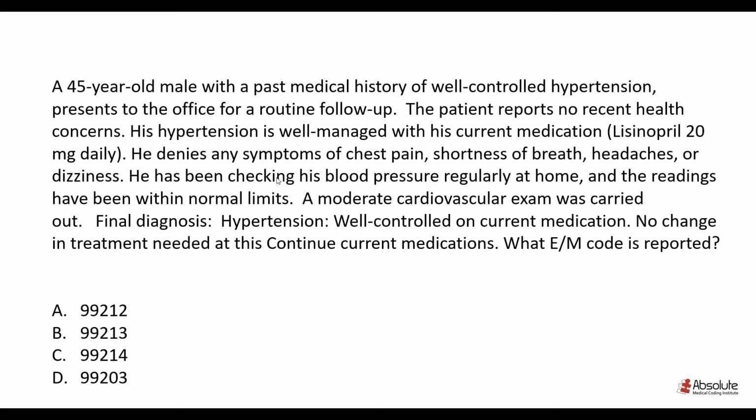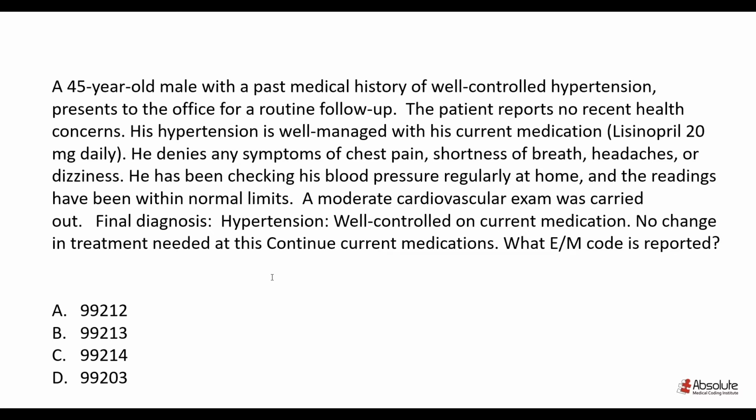A 45-year-old male with a past history of well controlled hypertension presents to the office for a routine follow-up. The patient reports no recent health concerns. His hypertension is well managed with his current medication, lisinopril, 20 milligrams daily. He denies any symptoms of chest pain, shortness of breath, headaches, or dizziness.